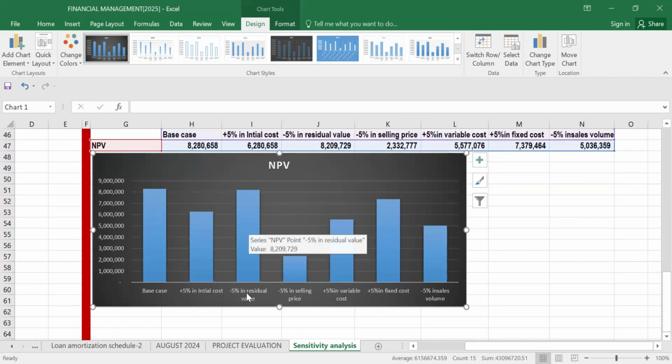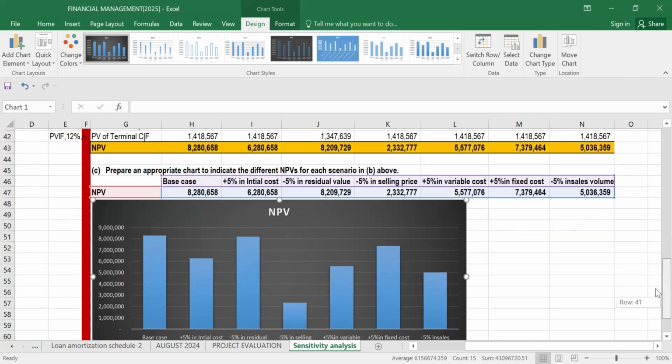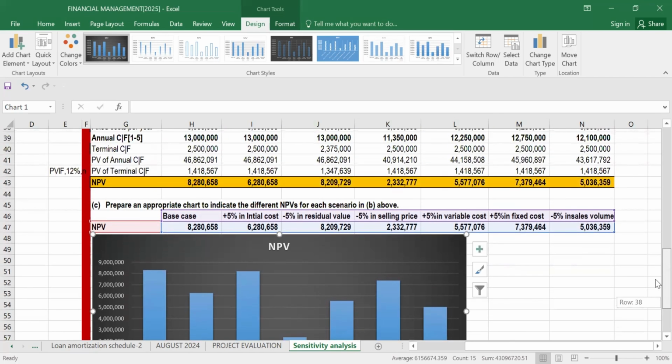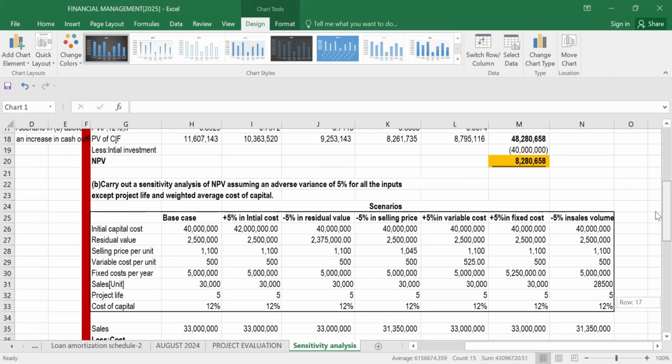If the residual value or the terminal cash flow reduces by 5%, our NPV will still be around 8 million. So whatever you have here has been reflected in our chart down there. So therefore, what was required in that particular question is a very good question on sensitivity analysis.